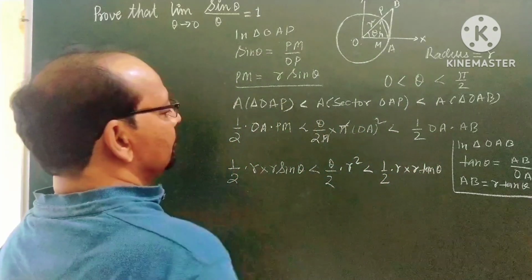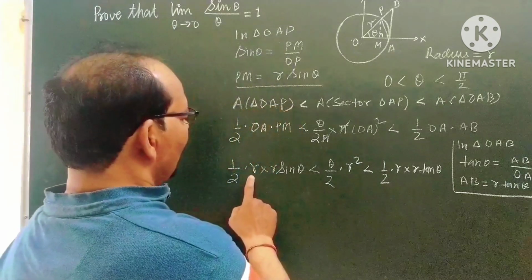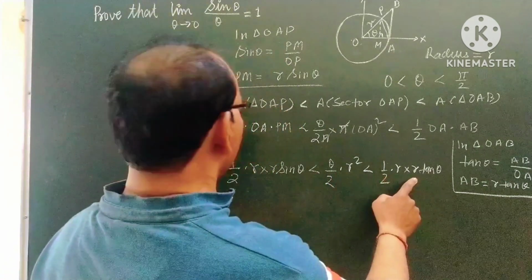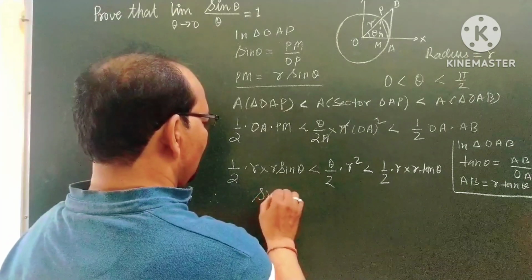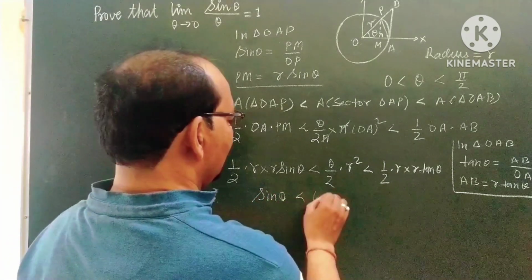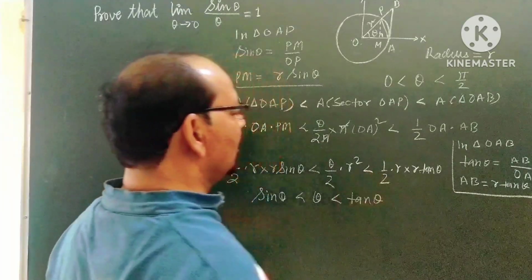On dividing both sides, here will be R square and R square. Therefore, we can write as sin theta less than tan theta.